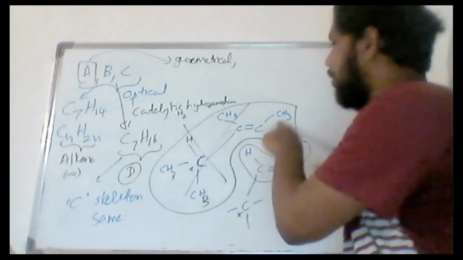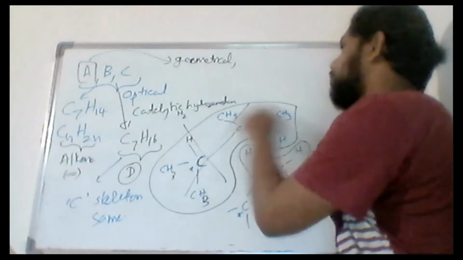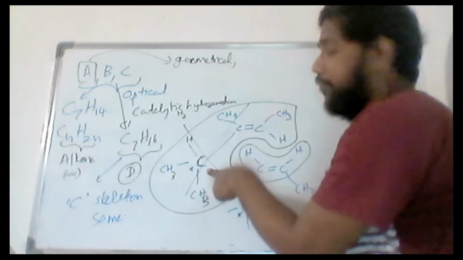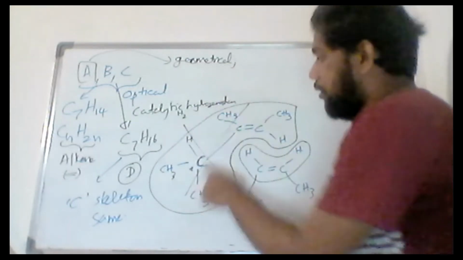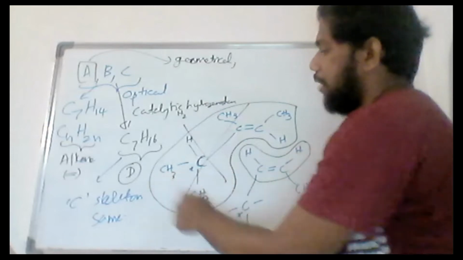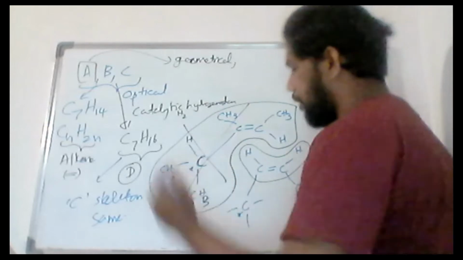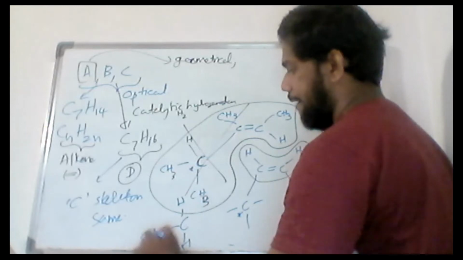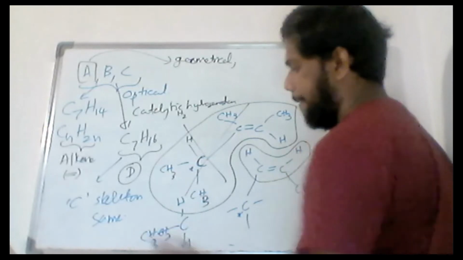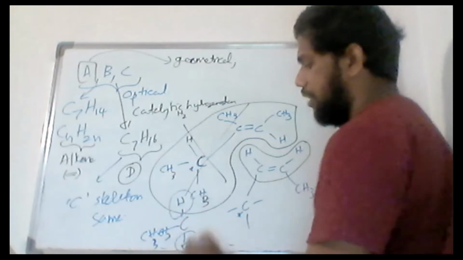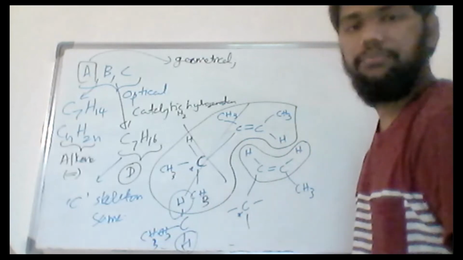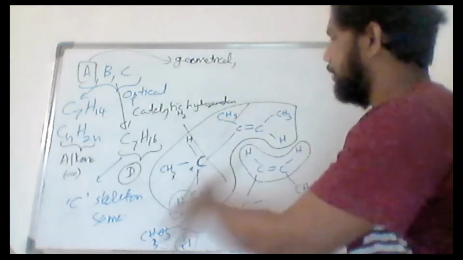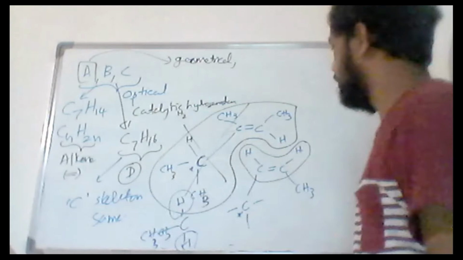Again, because if I put 2 CH3 groups, now here we have 4 carbons, so the remaining is 3. So I have to take 1 to make it chiral. The other 2 I have to put like this, or like this, CH2, CH3. At the same time here I have 2 hydrogens. So still it does not become chiral in this case. Okay. So this structure cannot be. So I am going to cut it.